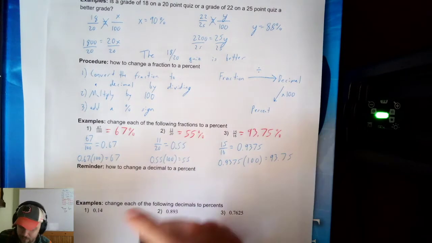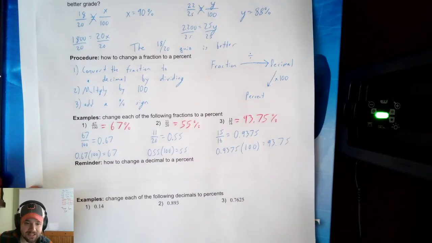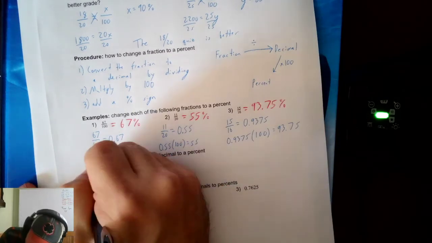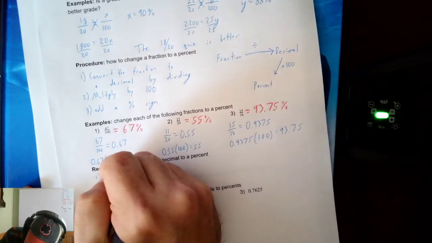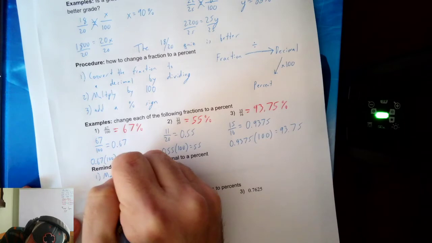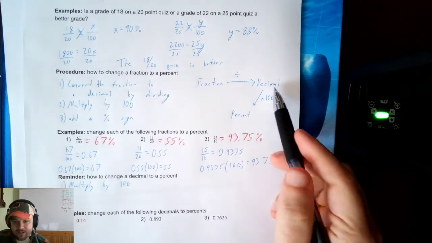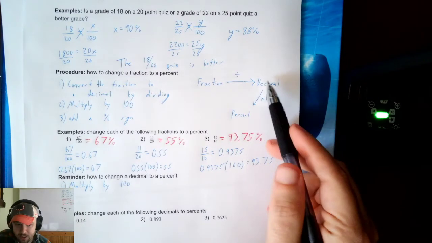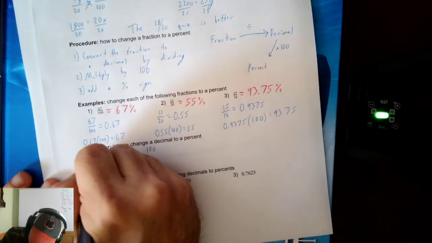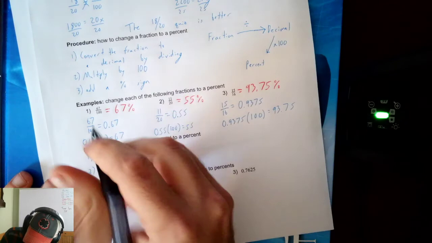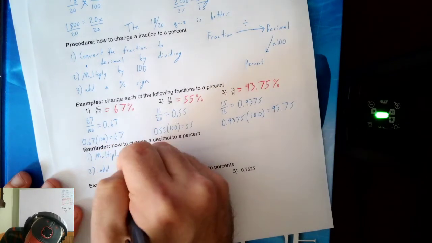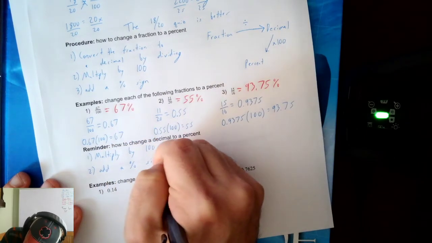Now, going from a decimal to a percent is a lot easier. If you already have a decimal number, the first step is multiply by 100. If you already have a decimal number, you're already in decimal world, getting to a percent, you just multiply by 100. And then step 2, we would add a percent sign.